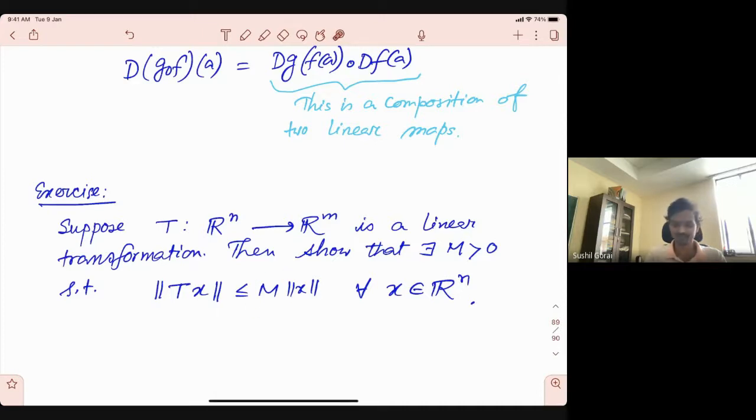You will see later that this is the defining property of continuity of a linear transformation, even from an infinite dimensional normed linear space.